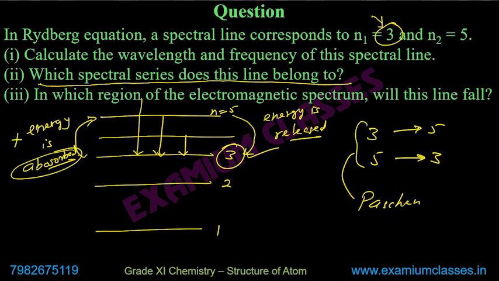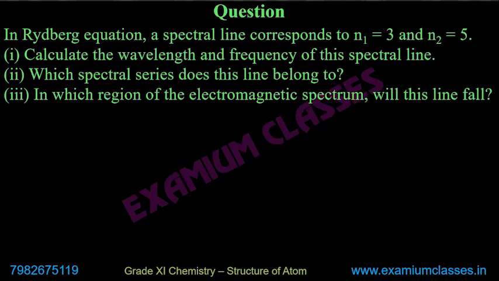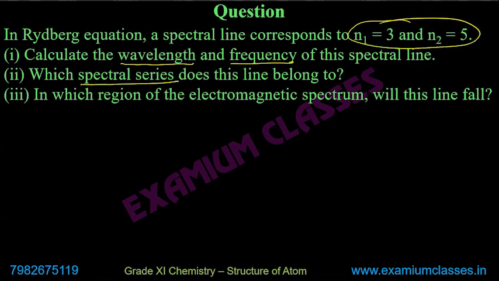Here, when absorbed, energy will be positive. When it is released, energy is negative. That is the only difference. The lower bound will always decide the series. So wavelength and frequency, you will calculate using n1 and n2. The series, you will decide from the lower bound, which is 3, Paschen series.